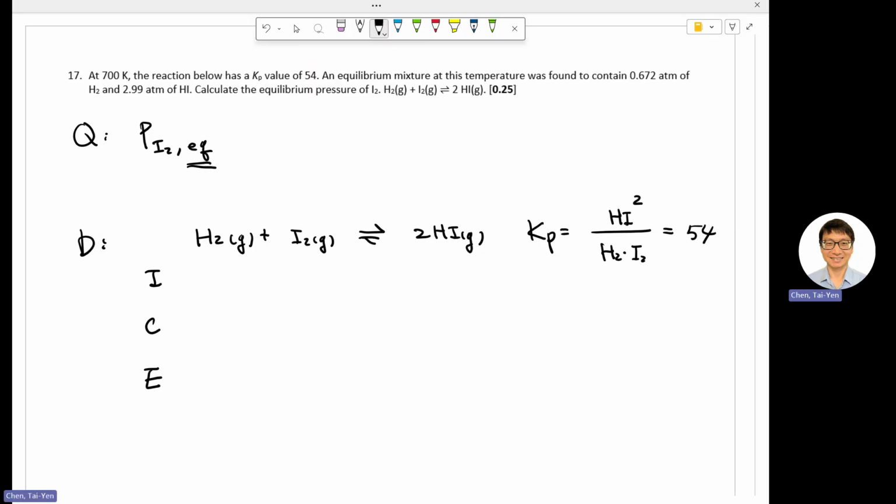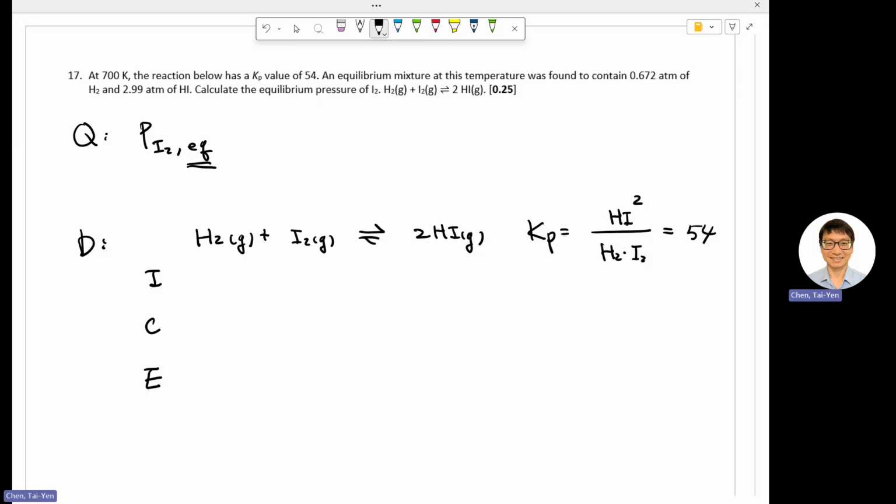Okay, then we read the question again, right? So it says you have 0.672 atm of H2, 2.99 atm of HI. Okay, where should I put those numbers?